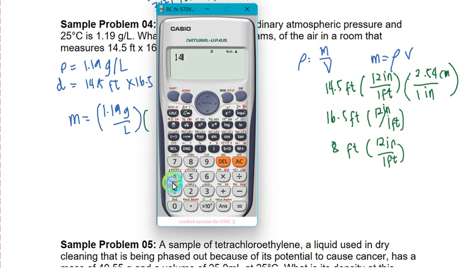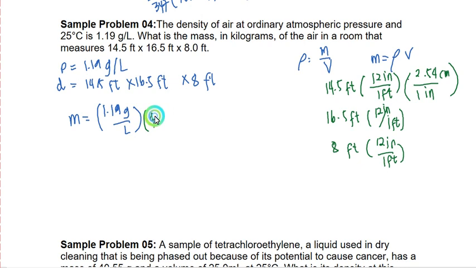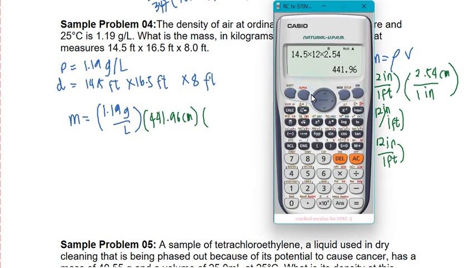So we have 14.5 times 12 times 2.54, which is equal to 441.96 cm, multiplied by, so 16.5 naman.